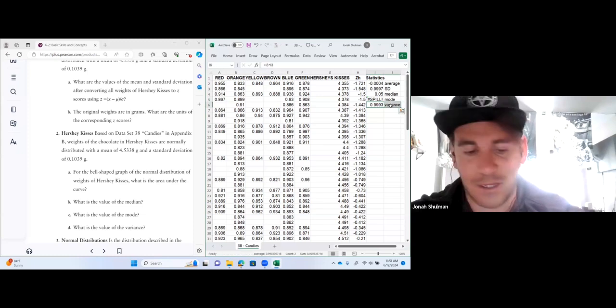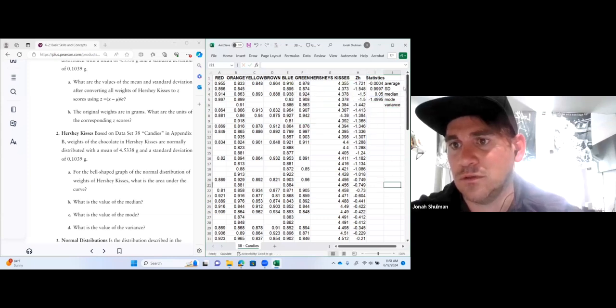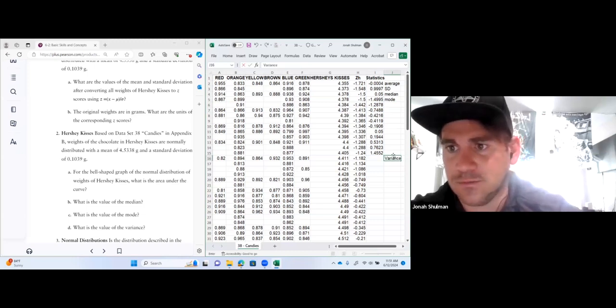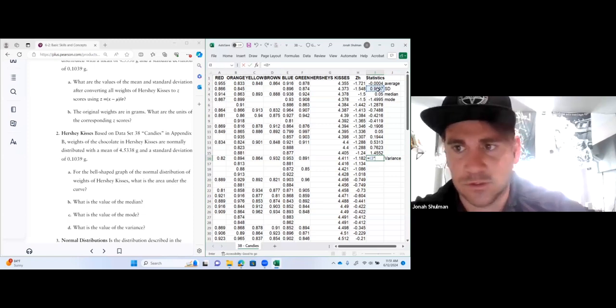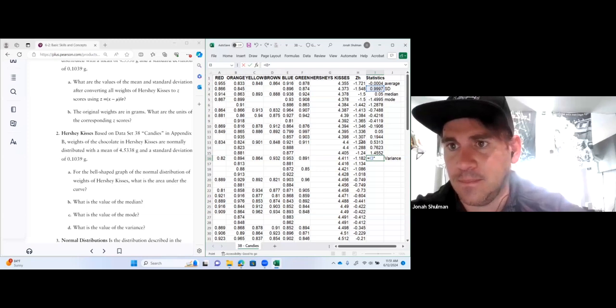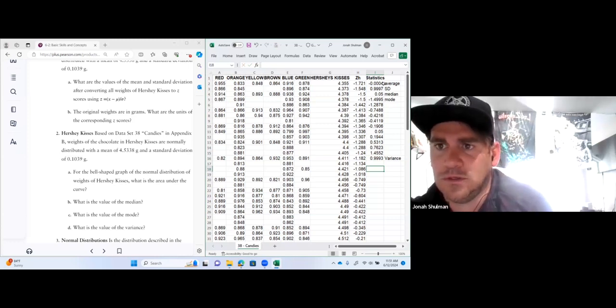So I have to take this one. These are our modes. Our variance is going to be equal to this one times itself. So these are the values for these pieces.